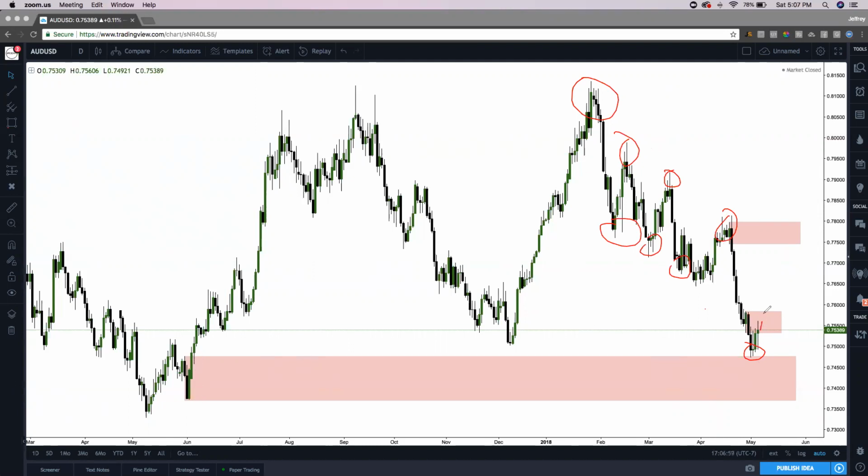So if we do get a push above this ICT bearish order block, which is a level of resistance, well, old resistance should become newfound support, and then we could look for a continuation higher. So this could be a potential sign of a reversal, but we need it to break above here in order to confirm that. So that's how I determine my trend. I don't really focus on EMAs or crossovers or anything like that.